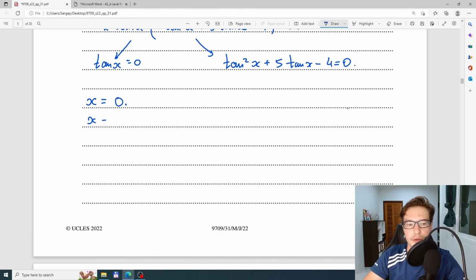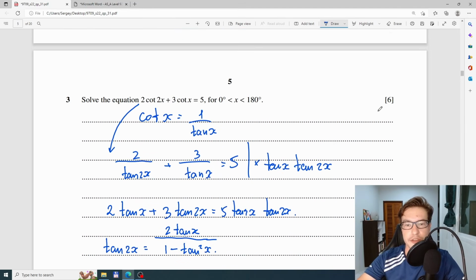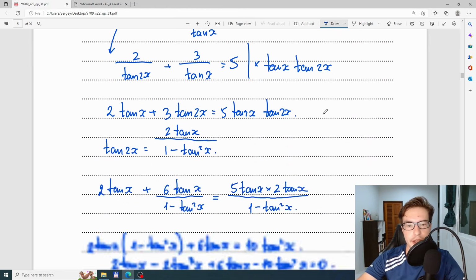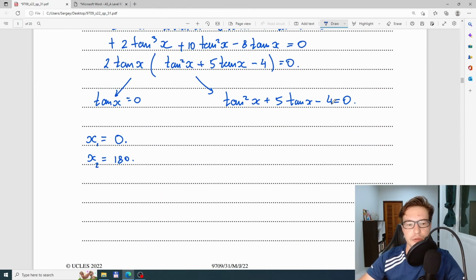I can add 180, so x1 is 0, x2 equals 180 degrees, but look at the range of x. It should be from 0 to 180. That means both of them are out of range, so I'm not considering those.